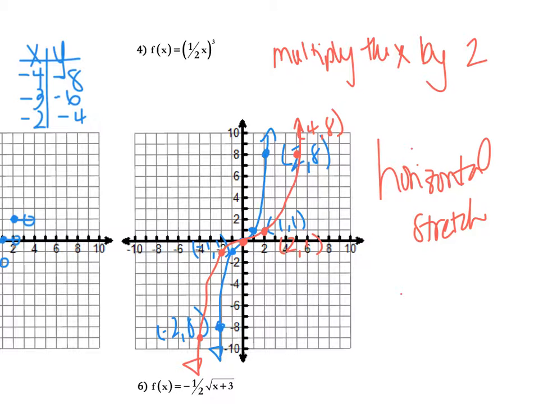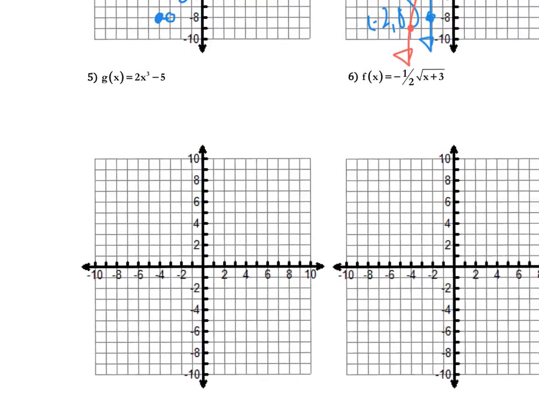Okay, so notice that my graph got wider. Okay, so that's considered a horizontal stretch. I'm getting wider left and right. Okay, all right, let's go ahead and look at the next example.